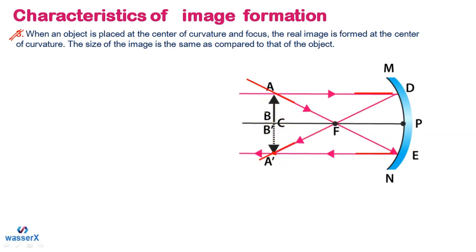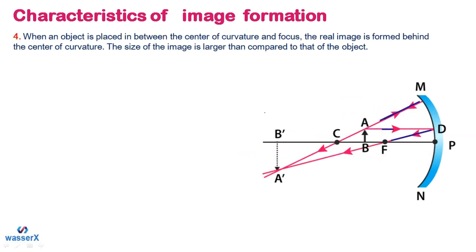I hope that you all understood very well. Now we have the fourth case here, the fourth characteristic, when the object is placed in between the center of curvature and the focus, right? In this case what we have done here, we have taken the object now nearer or closer to the focus, or you can say towards the pole. Basically in every single step, every single time we are taking the object near to the mirror, near to the reflecting surface.